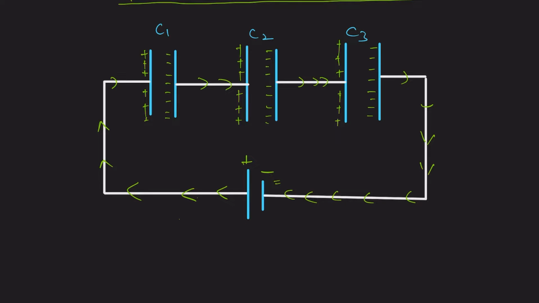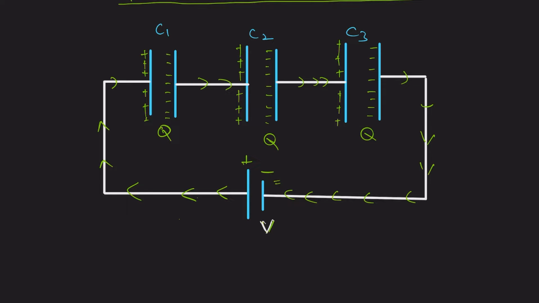See here, only one circuit, only one way. So C1, C2, C3 are connected in series. The same charge is stored in each capacitor. Suppose the battery potential is V. Here energy is given by the battery.